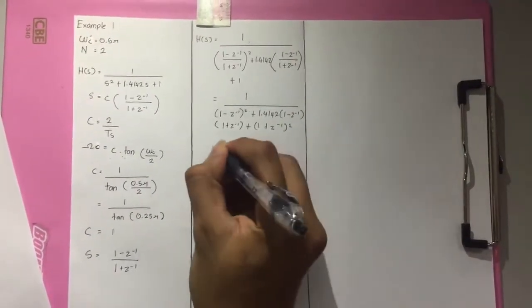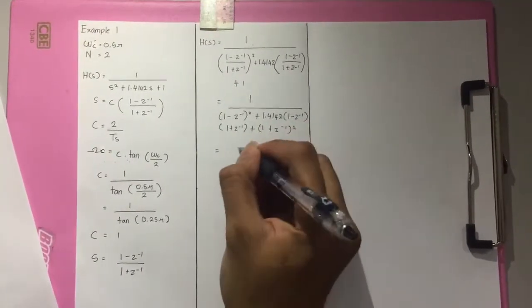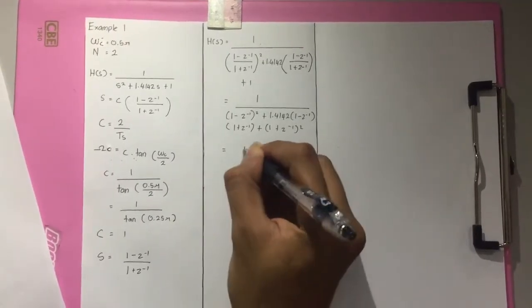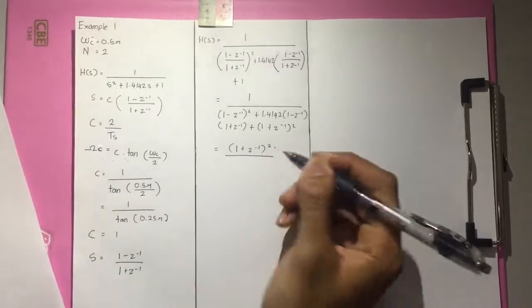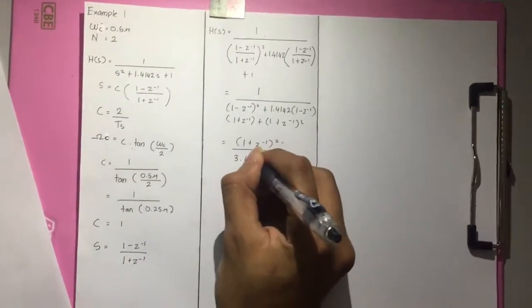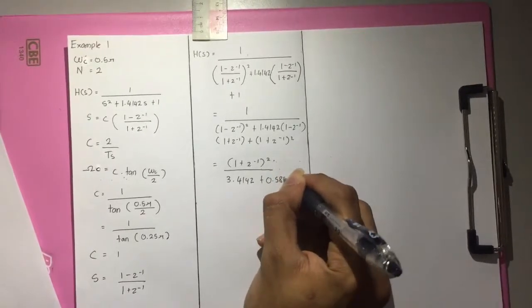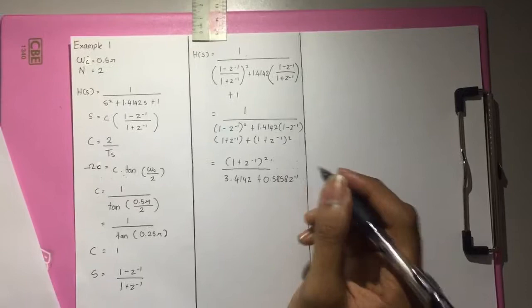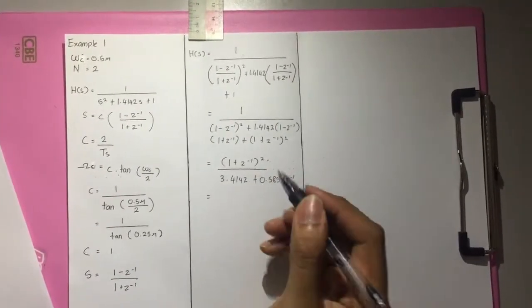And then we're gonna solve this equation, rearrange it, and it becomes 1 plus z inverse squared divided by 3.4142 plus 0.5858 z inverse, and we're gonna simplify this.